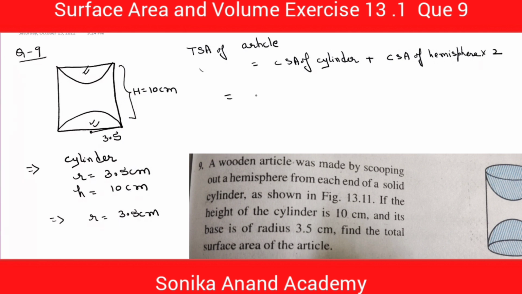Tell me. For cylinder, it's 2 pi RH. Yes. It is CSA, curved surface area. And then times 2 for hemisphere, it's 2 pi r square. Now radius is same in both of these cases.